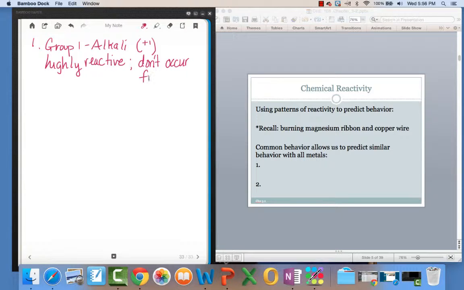And for those of you that have had me, you've heard me say you can't go in your backyard and dig up a chunk of sodium. It's always going to be attached to something. Sodium chloride, sodium bromide. It's going to be usually in a compound with a halogen. Group 2 are our alkaline earth.